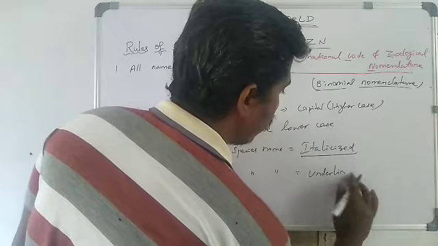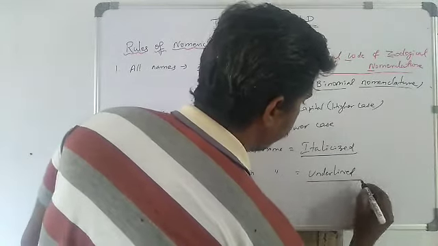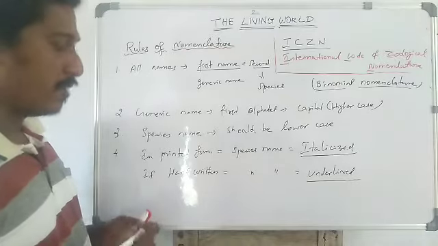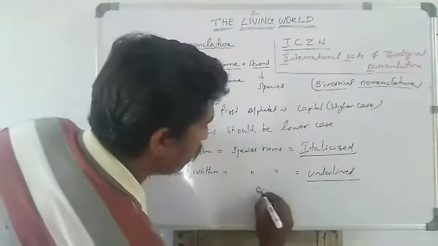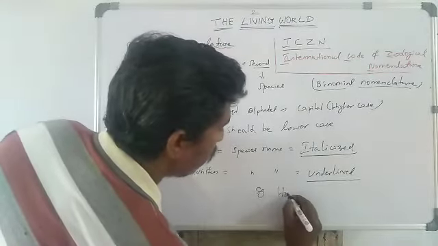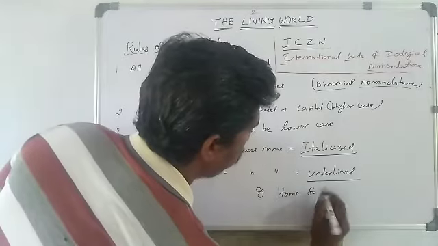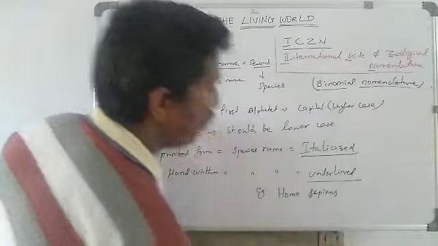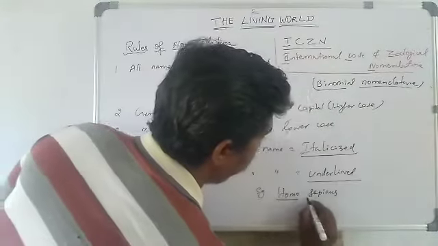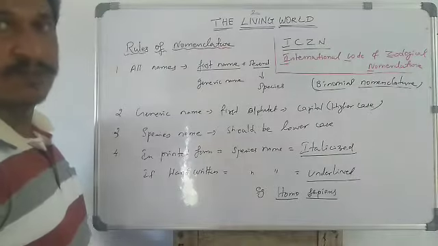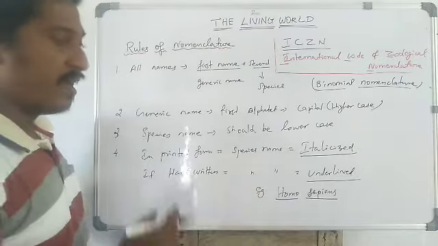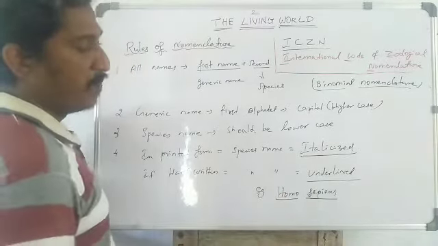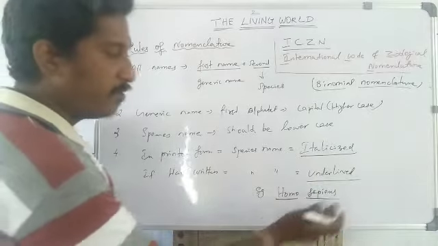For example, Homo sapiens: when you write it by hand, it should be underlined separately, genus and species. If it is in printed form, it should be italicized.